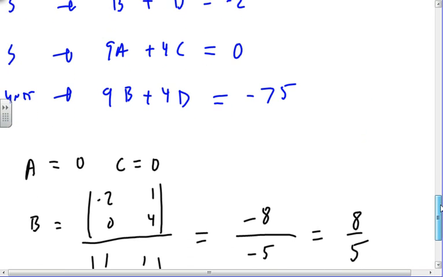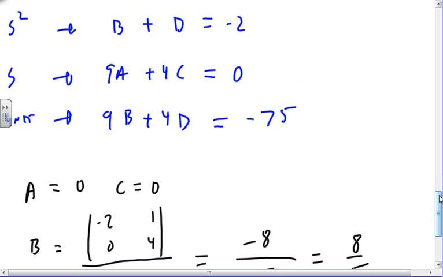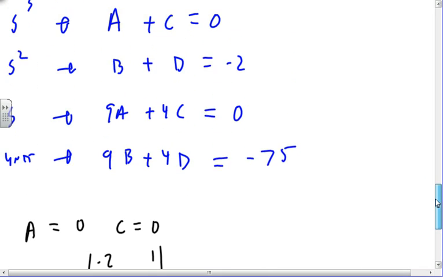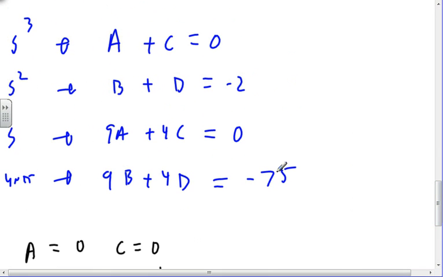And if B is 8 over 5, then D would have to be minus 18 over 5. Shouldn't it be negative 2 and negative 75? So negative 2, minus 75.